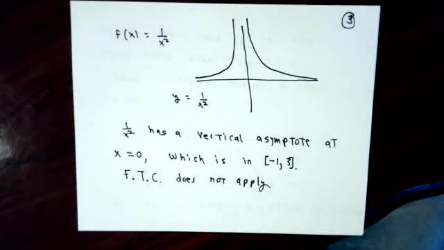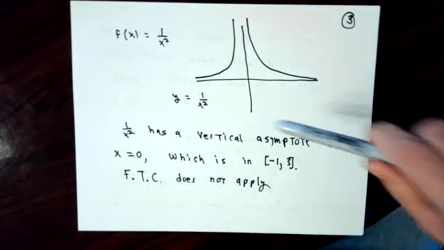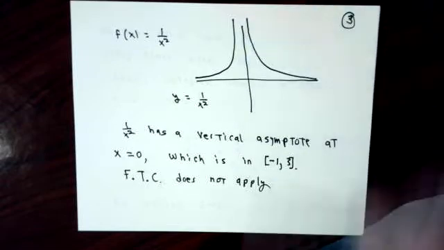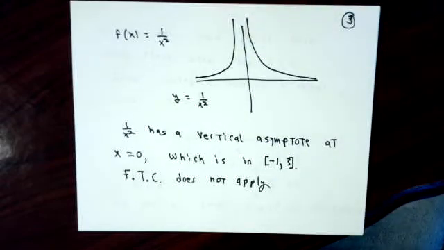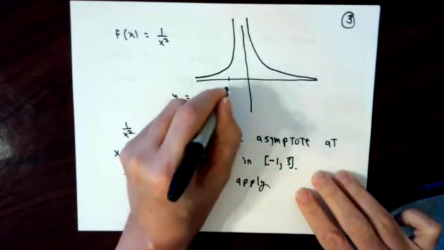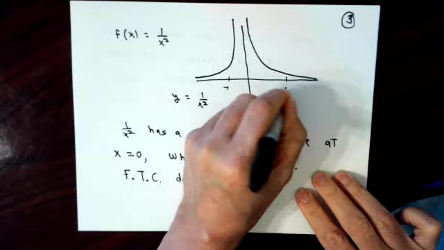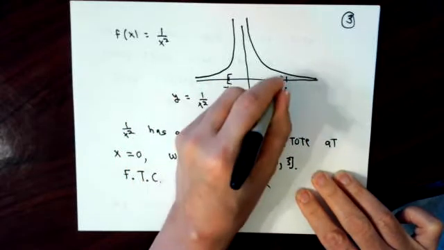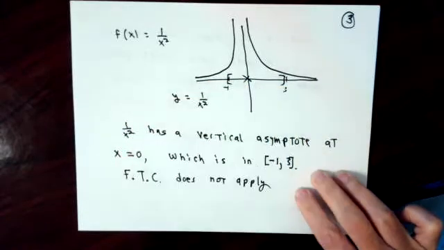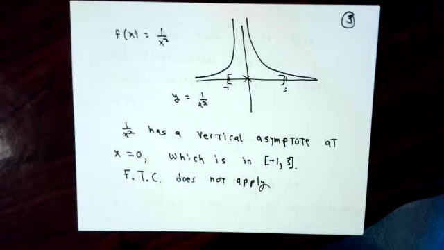If you look at the graph of y equals 1 over x squared, you see that it has a vertical asymptote at x equals 0. And unfortunately, we're integrating from -1 to 3. The bad behavior happens in the interior of the interval from -1 to 3.